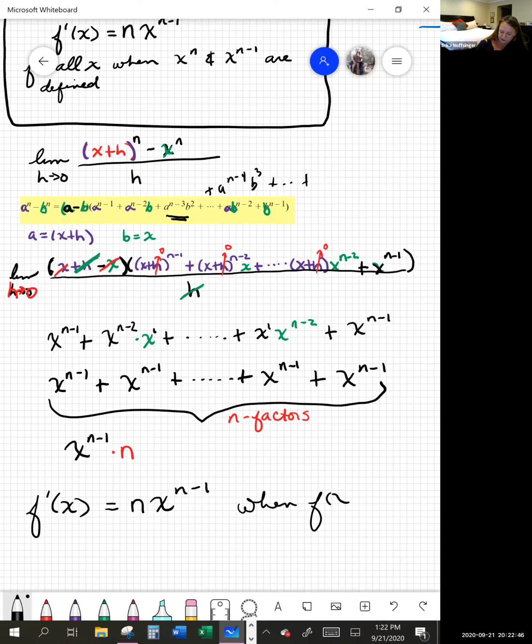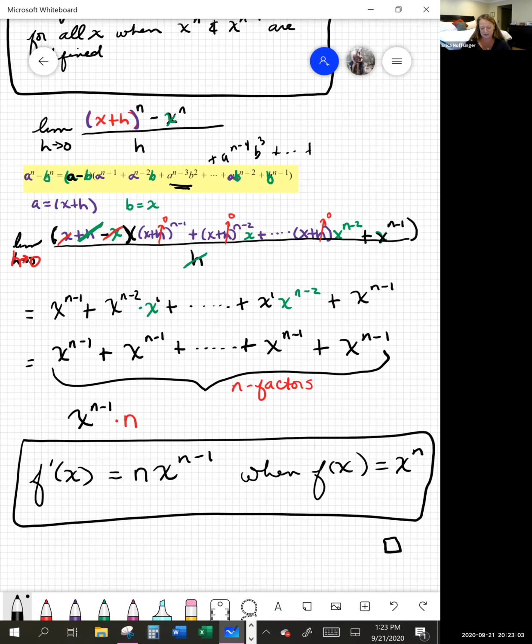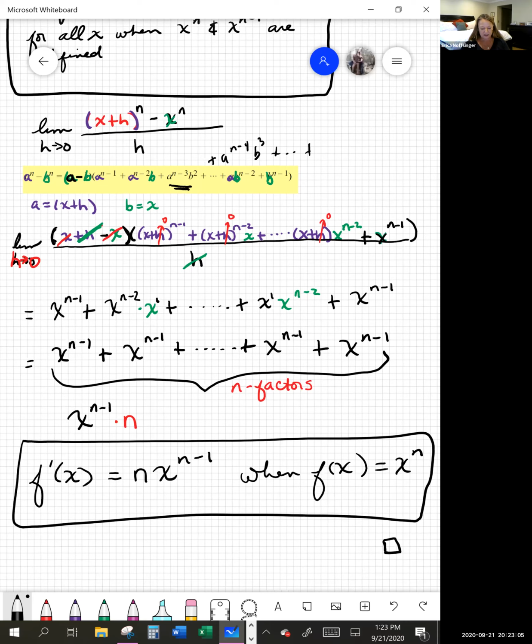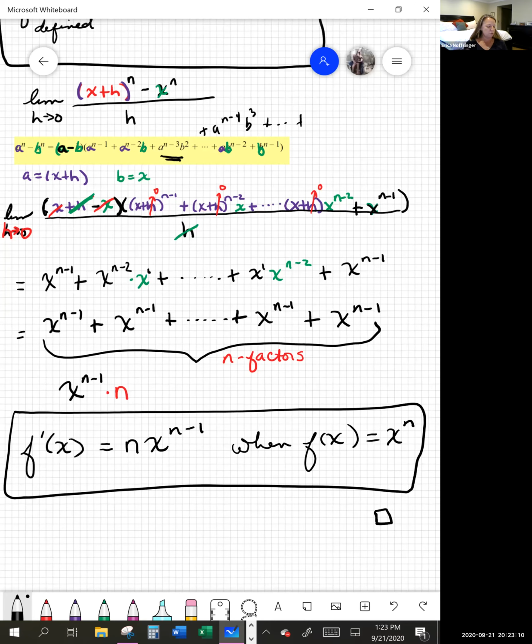And f of x was just x to the n. So we just showed, so we can do that little box. I know I've talked about that, but the little square at the end is showing that you finished proving. So we just proved the general power rule. Now, since we proved it, we can always use it.